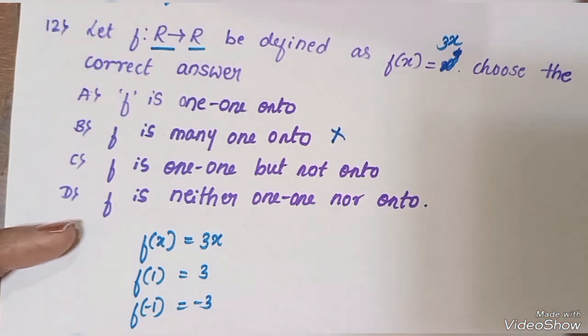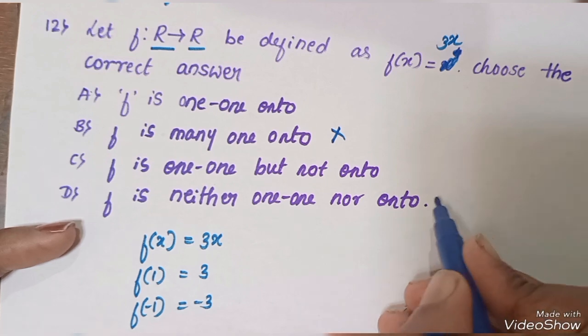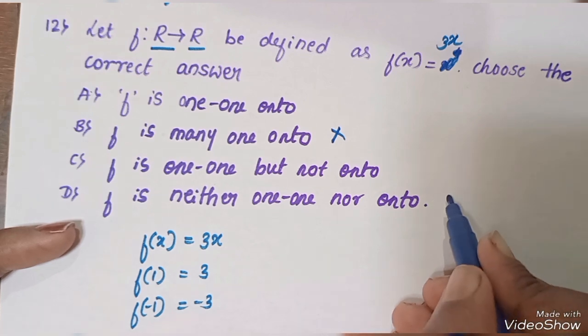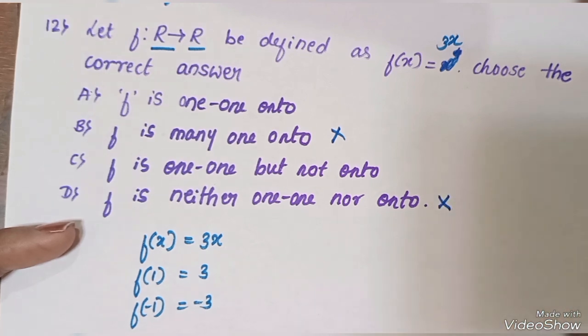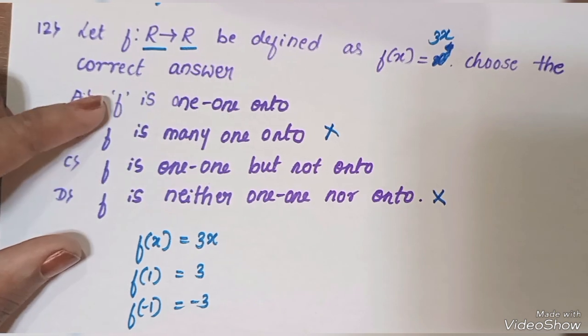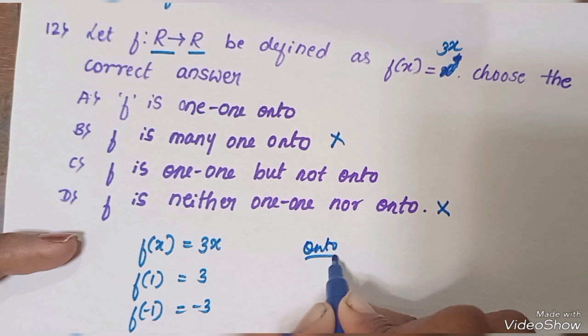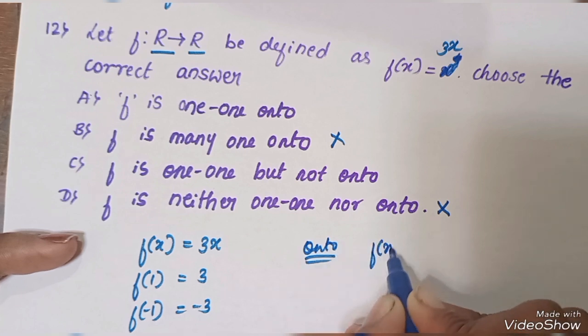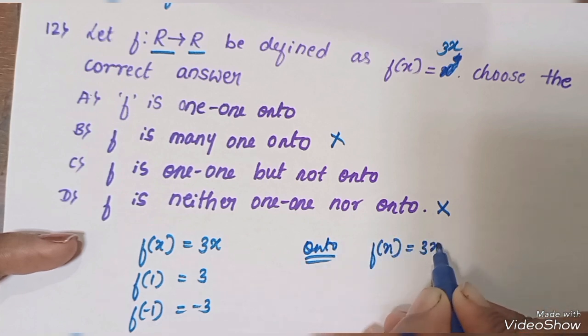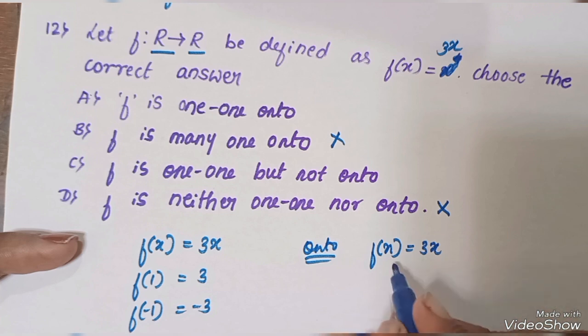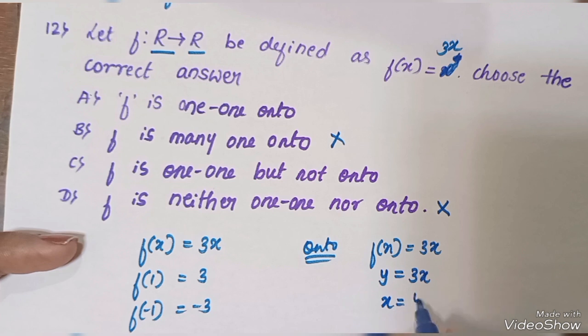Okay. Now, the option that f is neither one-one is also neglected. Only two options are left here. We check for the onto condition. f of x is equal to 3x. Solve for x. Replace f of x with y, so y is 3x. x is equal to y divided by 3. y divided by 3 is also a real number.